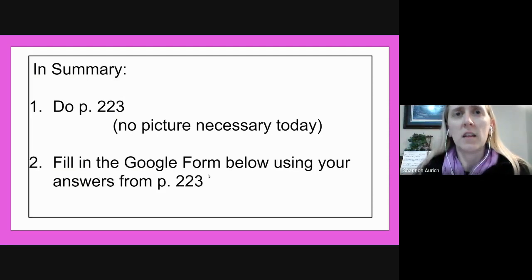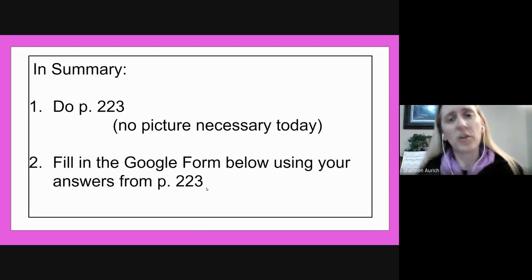It is the purple square link at the bottom, and use the answers that you wrote down from page 223 and put them into the Google form. Now that, ladies and gentlemen, is what I am grading strictly. So you need to put in those answers correctly into the Google form.